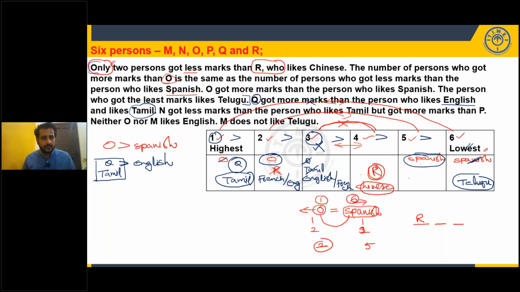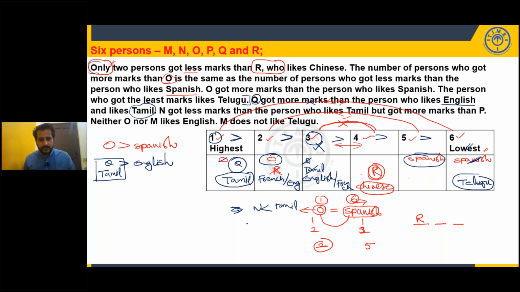What is the next clue? N got less marks than the person who likes Tamil. Each and every clue we convert into a greater-than format, so write it the same way.